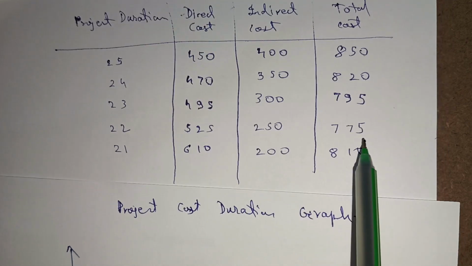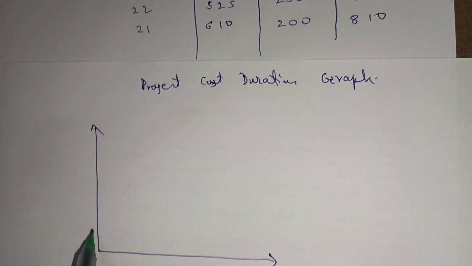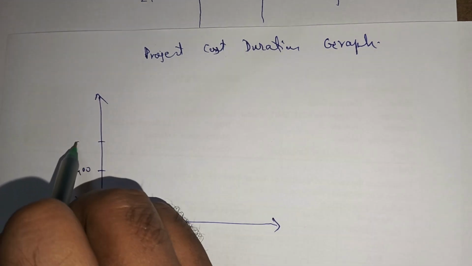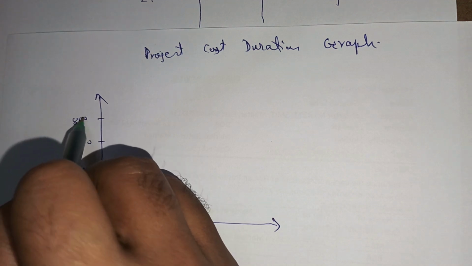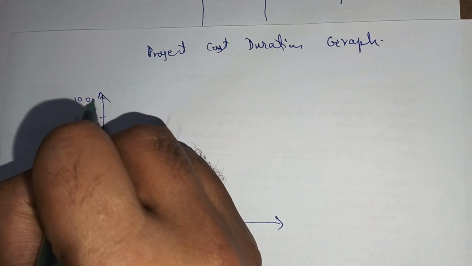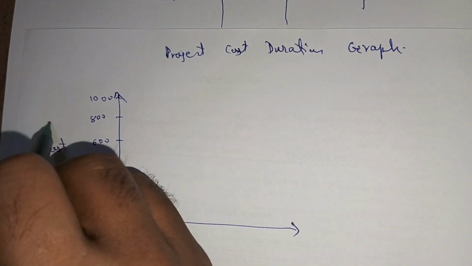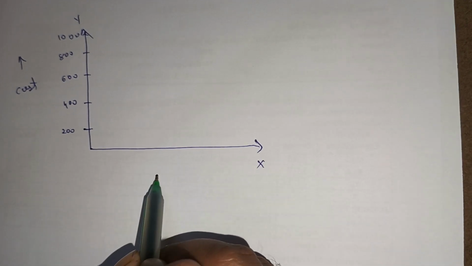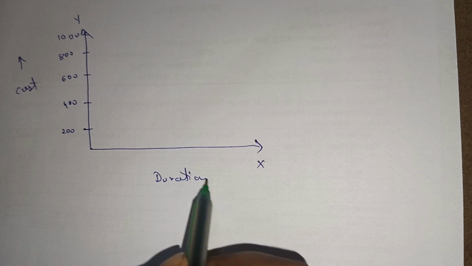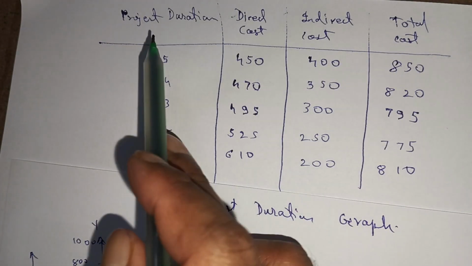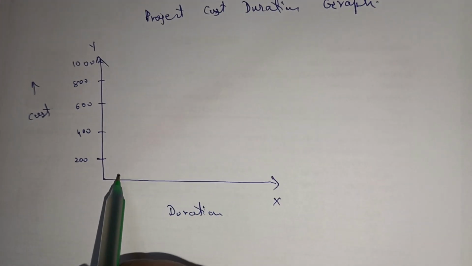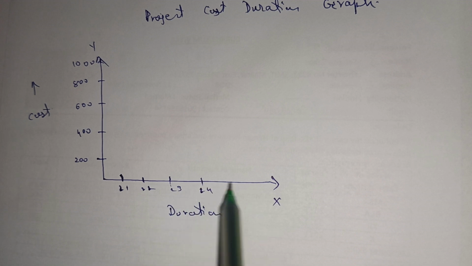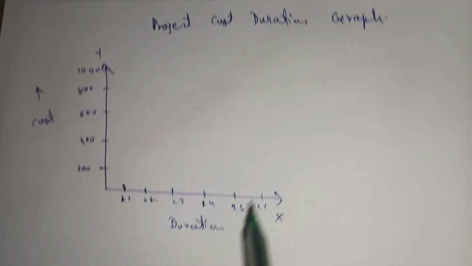It is 200 and maximum is 810. Okay, so we'll try to plot like this: 200, 400, 600, 800, and maybe 1000 here. And this is our cost. This is the y-axis, this is the x-axis, and this is our duration. So for duration we have 21 to 25, so we'll plot it accordingly: 21, 22, 23, 24, 25, and 26, let's say.